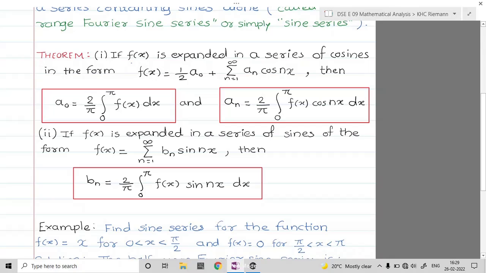Theorem. First part gives the values of a0 and an when you assume that function is expanded in half range Fourier cosine series, or you may simply call it as cosine series.